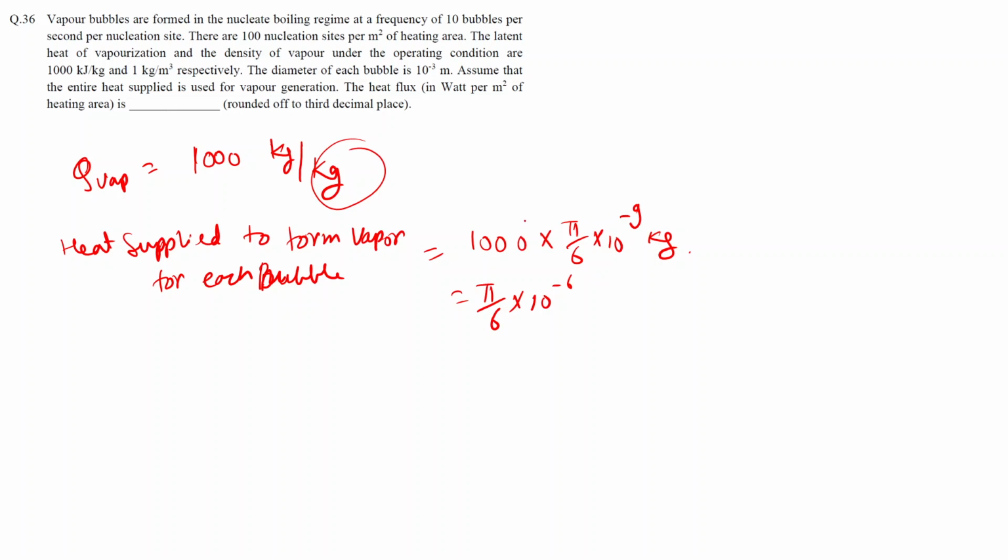This 1000 was in kilojoule per kg, so let's change this kilojoule into joule. This is for each bubble. Q of bubble will become pi by 6 into 10 raised to minus 3 joule.